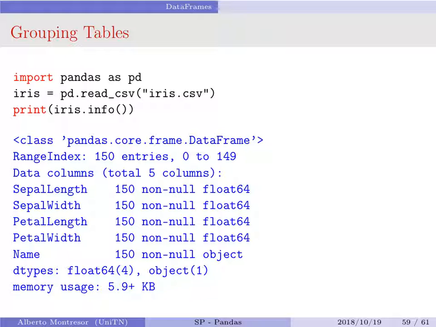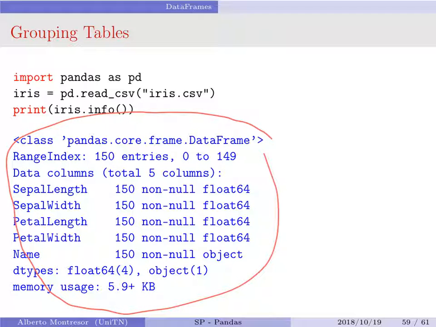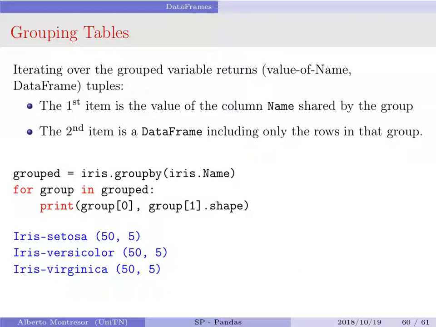So, for example, this is info about the Iris dataset, and then you could do grouped equals iris group by iris.name, and so for each group in grouped you can print group 0 and group 1 dot shape.